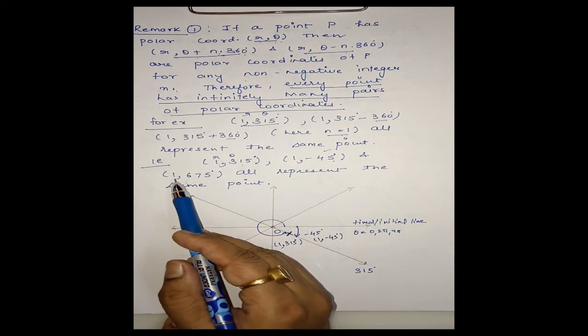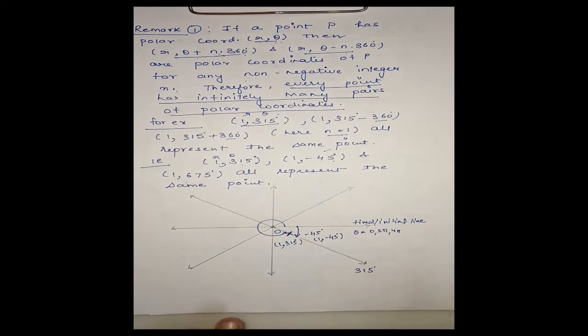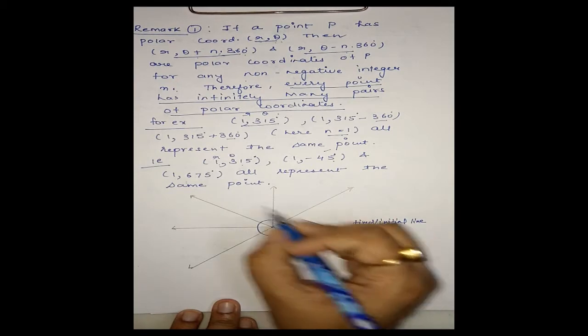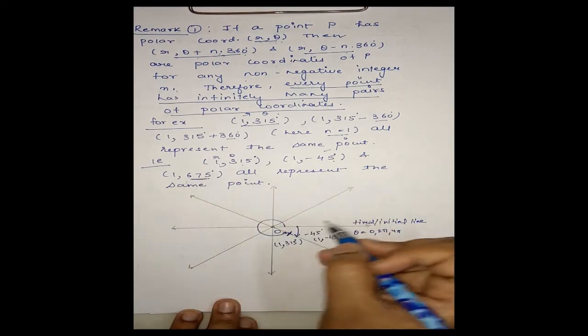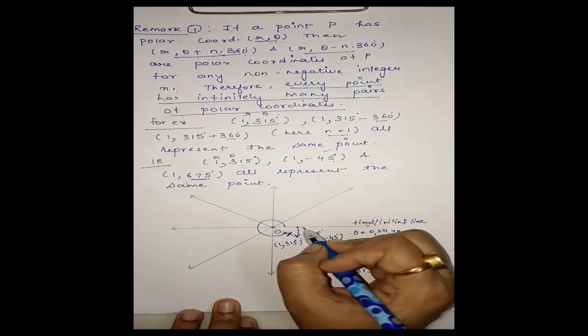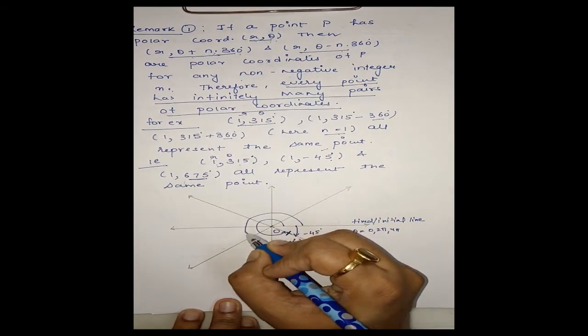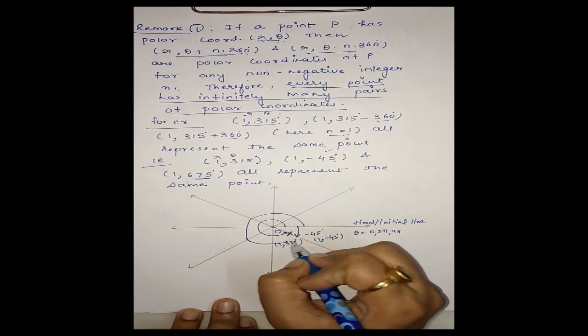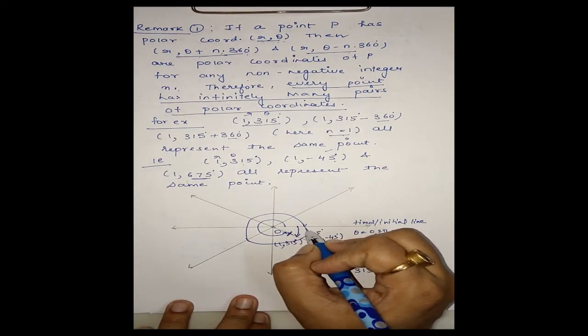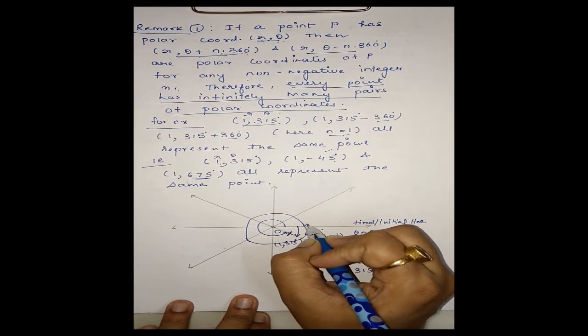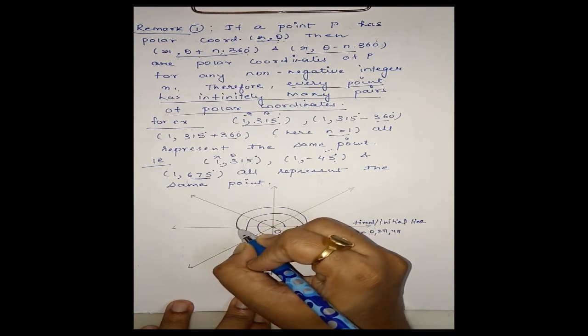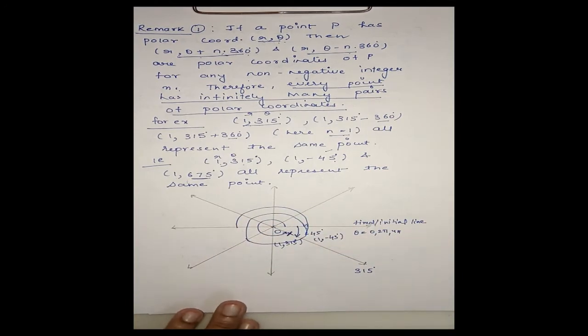Now next, (1, 675). How to reach this point? First, this is positive, therefore taking in the anti-clockwise direction only. Now, first, if one circle is complete, this is 360 degrees. Then 360 plus 180, that is 540.